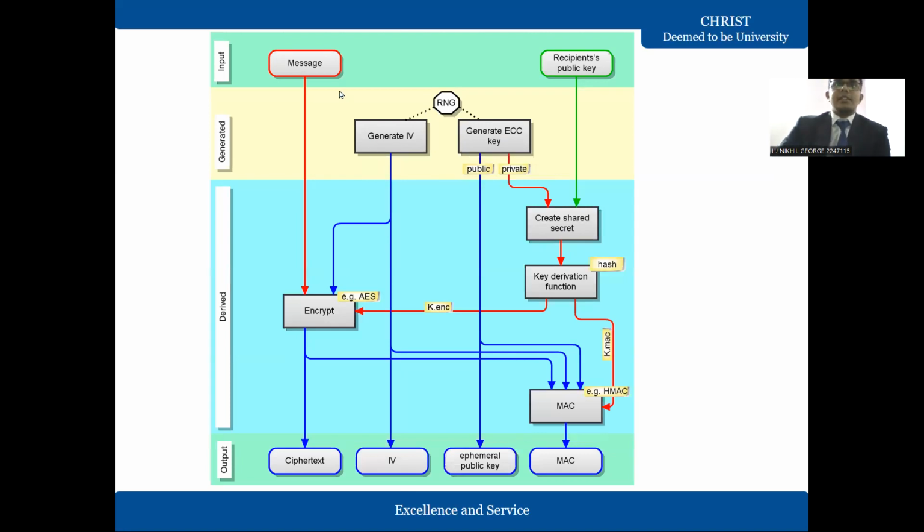So here you can see how your ECC works. It's a random number generation, RNG. They use different cryptographies. For encryption they're using AES, and for the hash they're doing the hashing over here, where they generate an ECC key, public and private. The shared secret is created over a public medium.